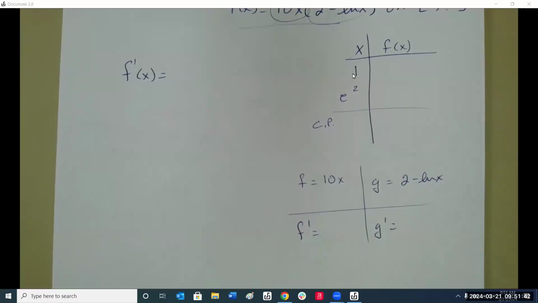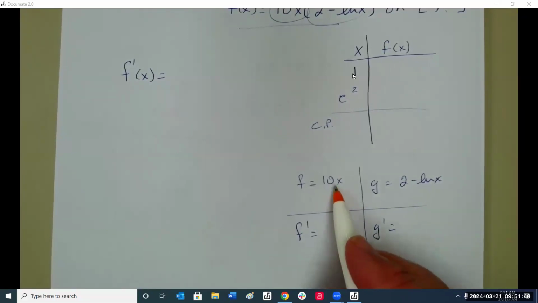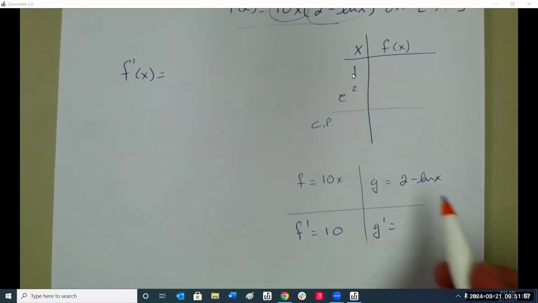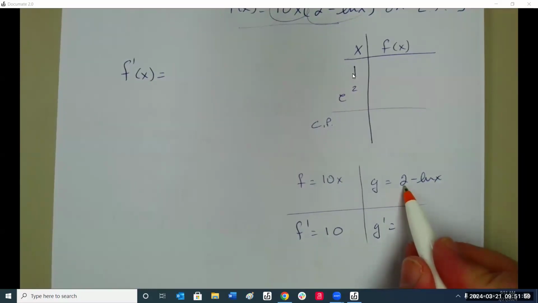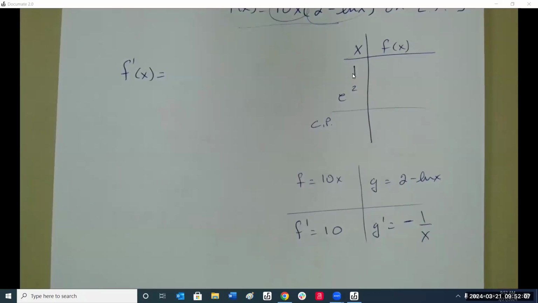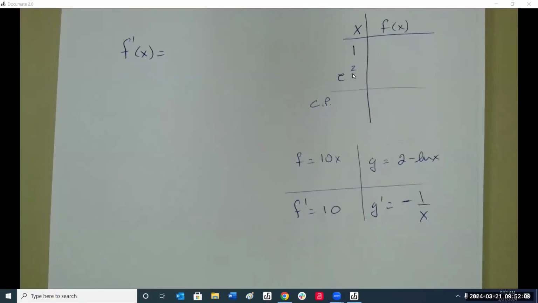Now we have to find the derivatives. The derivative of 10x is 10. Derivative of 2 minus ln x: derivative of 2 is 0, negative derivative of ln x, very good, 1 over x. So it's negative 1 over x.